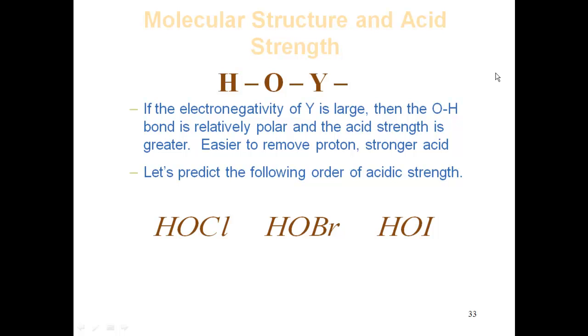I have hydrogen attached to oxygen in each one, so I'm not going to look at size. The only real difference between these species is that Y component, which is adding electronegativity. So we have to look at that electronegativity to see how it's going to pull on that oxygen and weaken that bond to allow that hydrogen to come off easily or not.